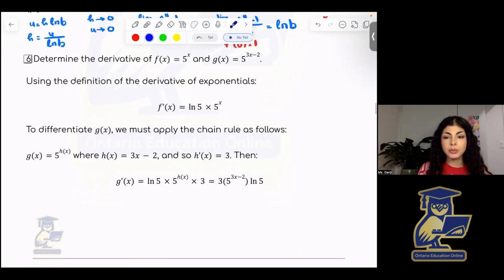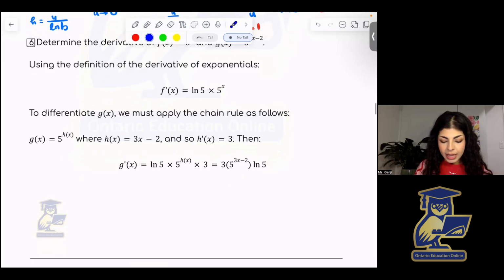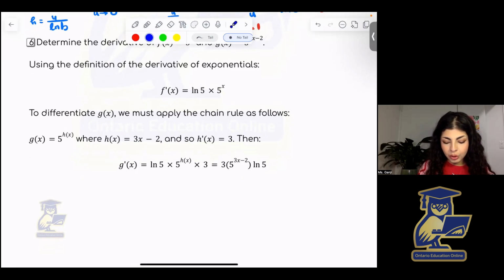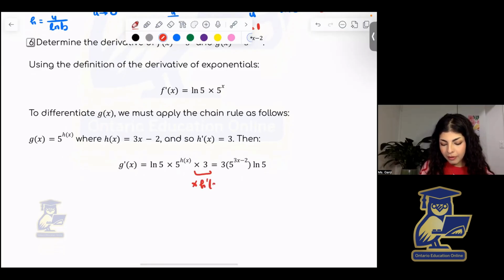Now for g of x, we have to apply the chain rule. So we will define h of x to be 3x minus 2, which is that exponent expression there. And then g of x is actually 5 to the power of h of x. And using the definition of the derivative of the exponential functions, we have that g prime of x is equal to the natural log of 5 times 5 to the power of h of x, and actually times h prime of x.